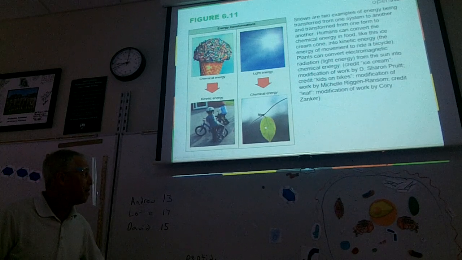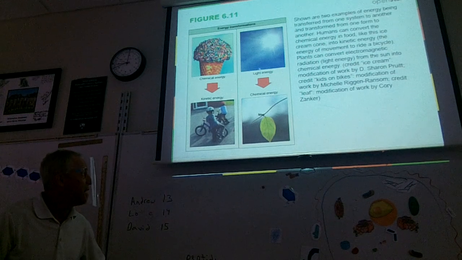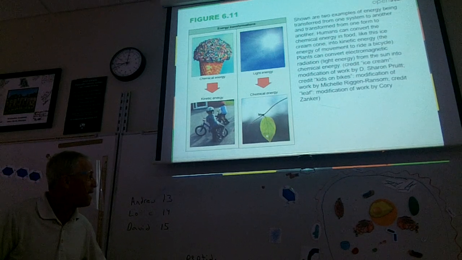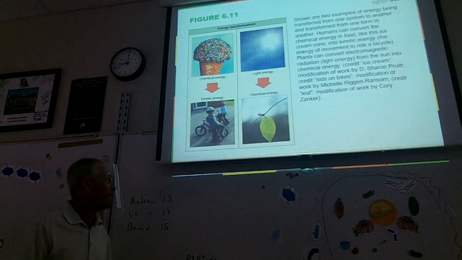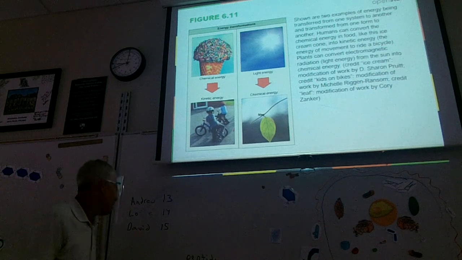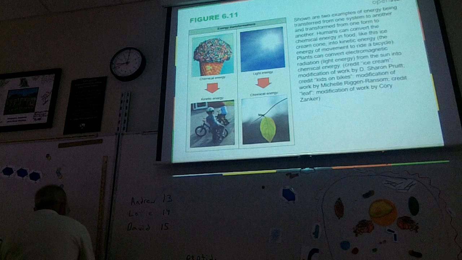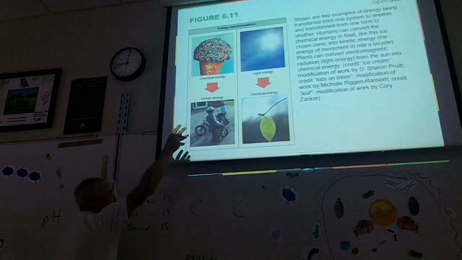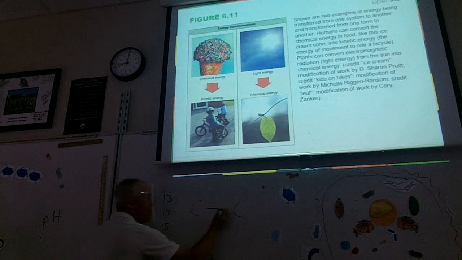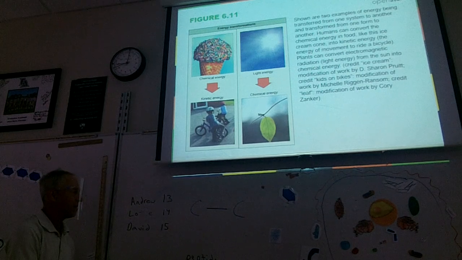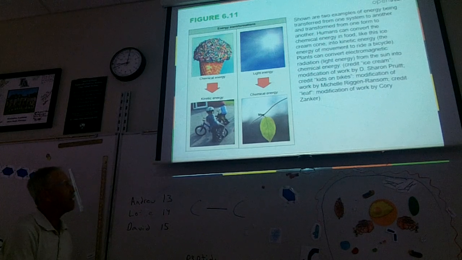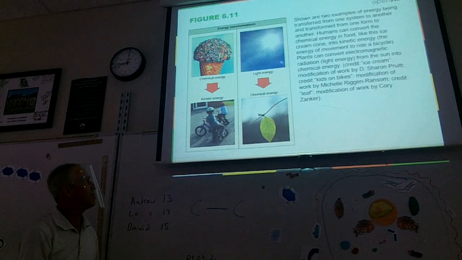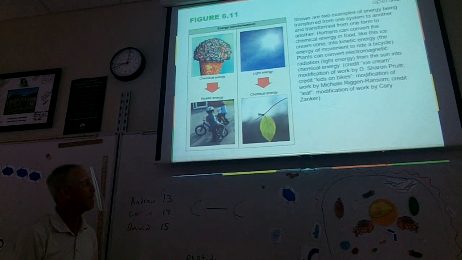Leaves have chloroplasts that can take the light energy and store the light energy in bonds between atoms. So you might have a carbon here and a carbon here, and the leaf is able to make a bond between them using the light energy. So now the light energy is chemical energy and can be stored away in the plant.